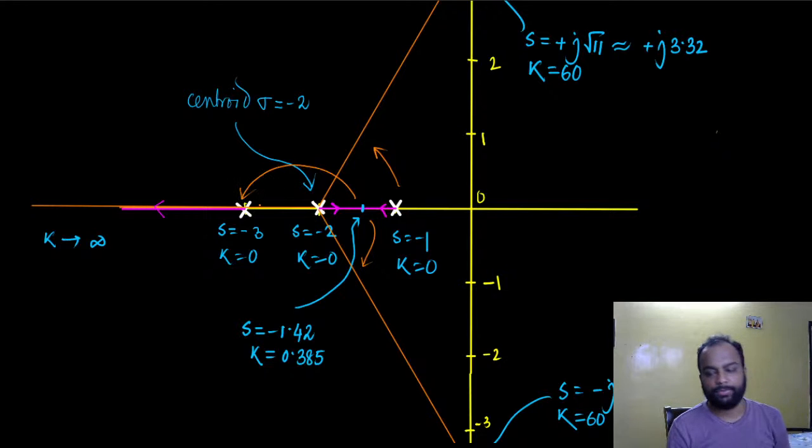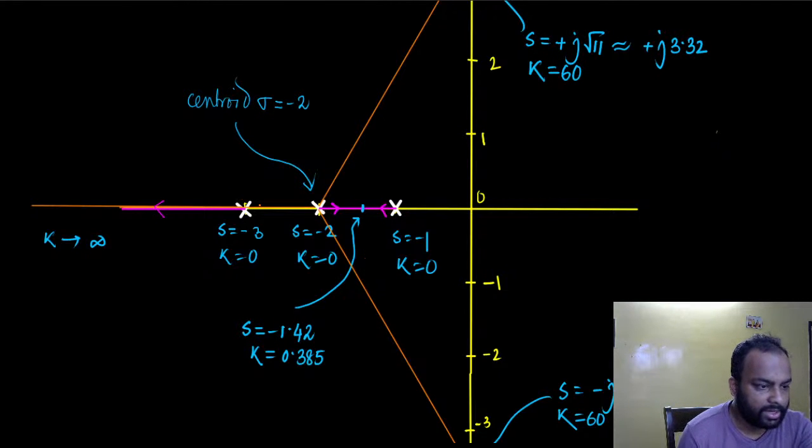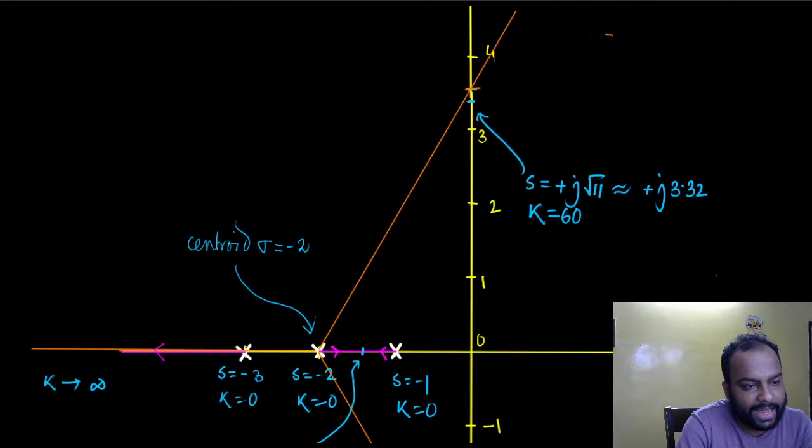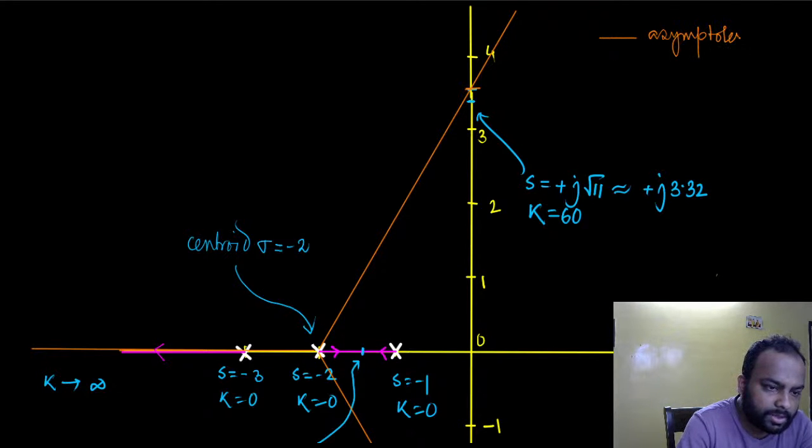So we have successfully drawn our asymptotes. Let's put a legend here saying that these lines drawn with this particular color are the asymptotes.